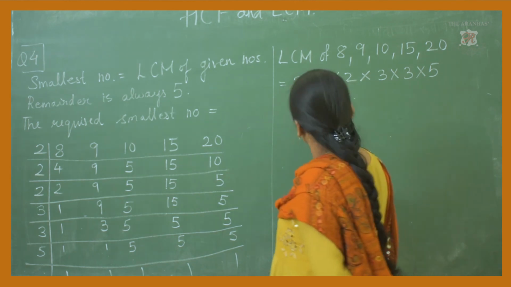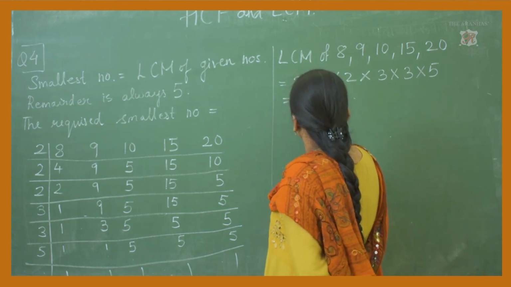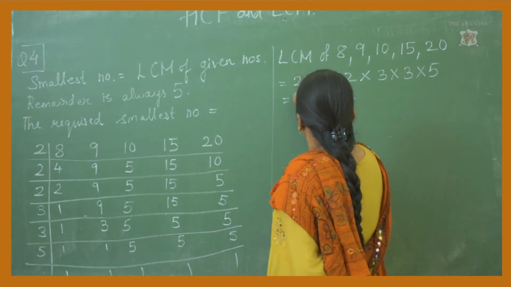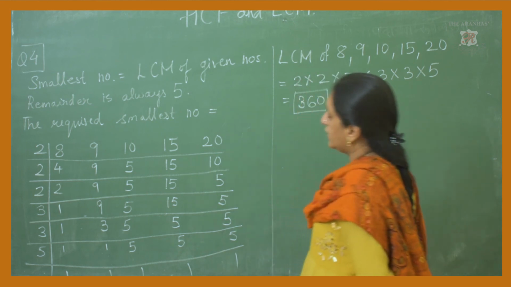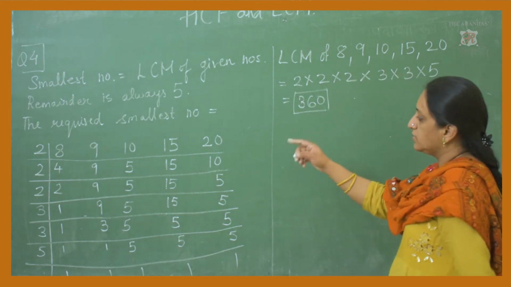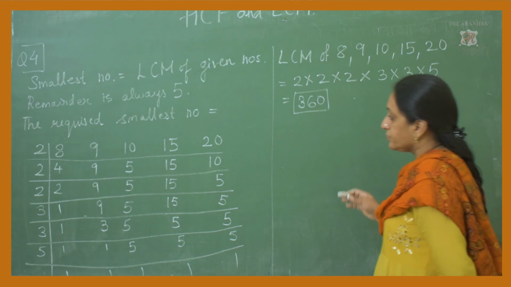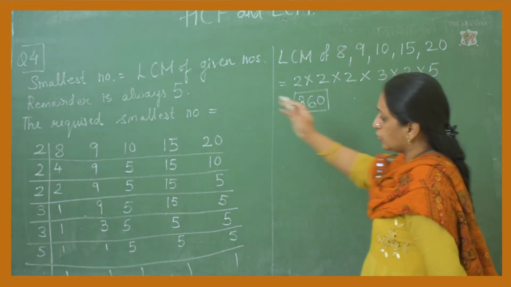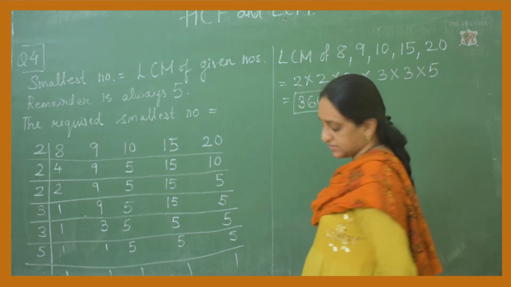The answer is coming to 360. So this is the way to find the LCM of 5 numbers together: find all the factors together and multiply them, you will get 360.